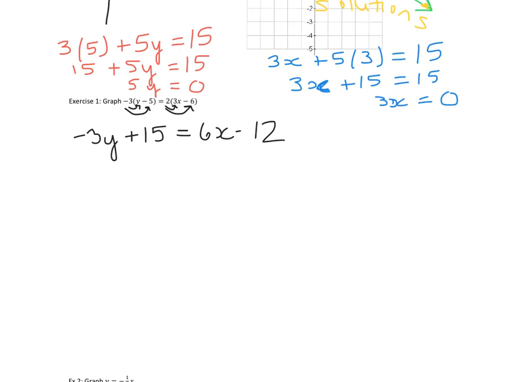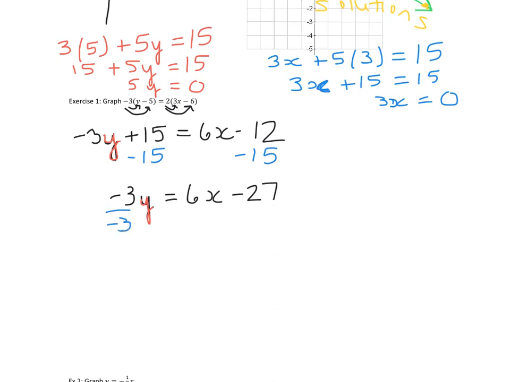All right, and I'm going to solve for y right here. So anything that's not a y is going to go on the other side. So to move the positive 15, I'm going to subtract 15. And then again, I want to isolate this y, so now I can divide out by that coefficient.